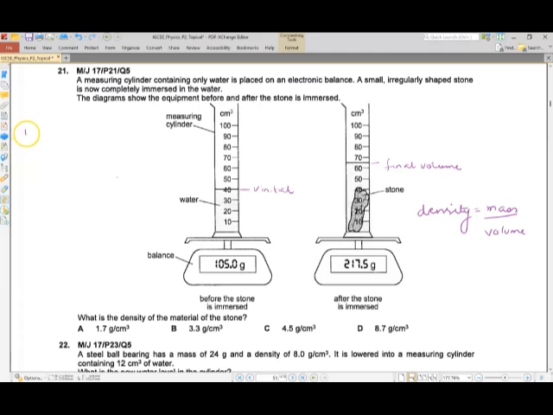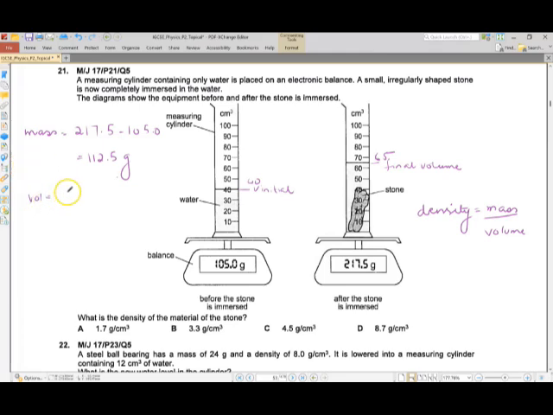Let's find the mass first. Mass would be the final mass minus the initial mass. So this is going to give us this. And for the volume, we have 65. This is 65 and this is 40.